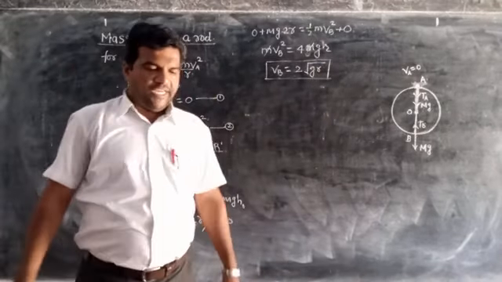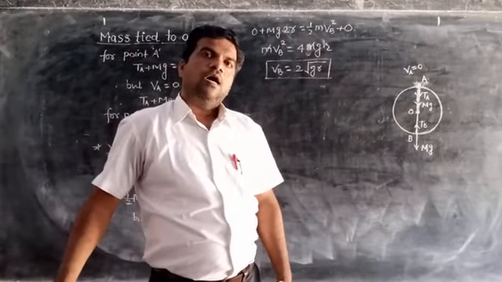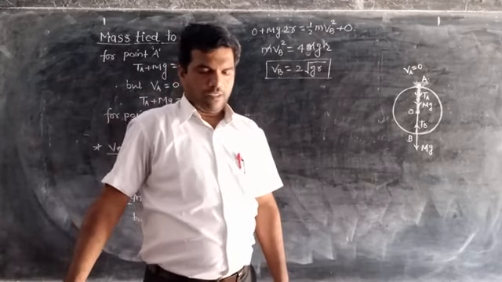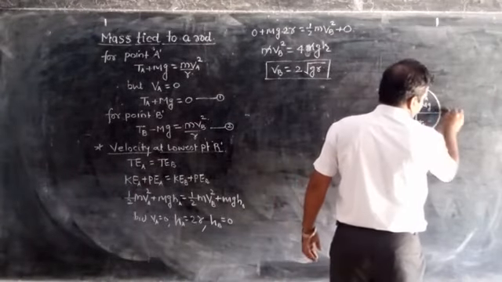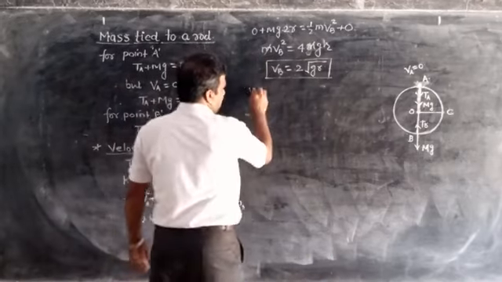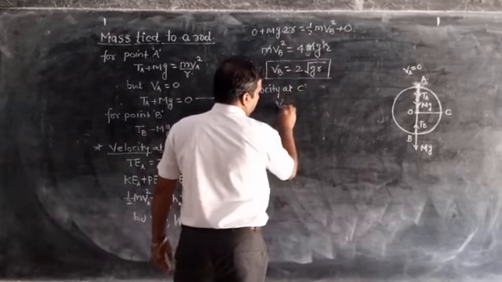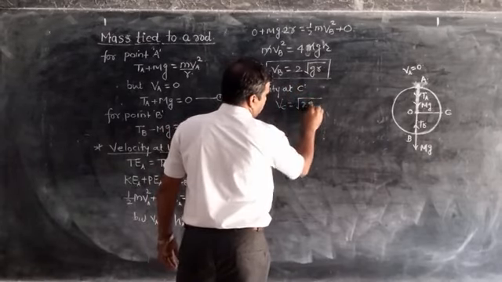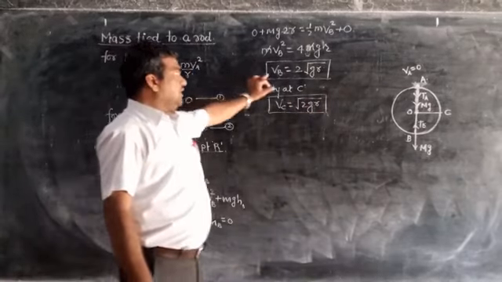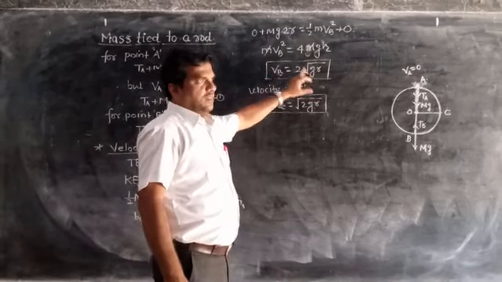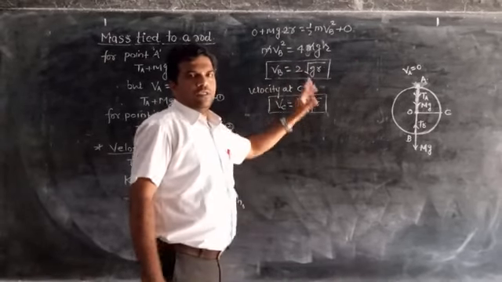This is the maximum speed of the particle at the lowest point in case of the rod, that is the mass tied to the rod. Similarly, at the middle point, if you consider this C, then using the same concept, the velocity at C we can calculate: VC is equal to under root 2gr. This is the velocity at C. Means velocity at the lowest position is 2 under root gr. Velocity at the highest position is 0. Velocity at the middle position is under root 2gr.